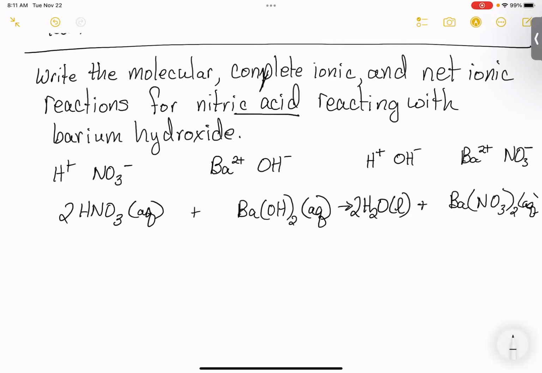Yes, so the solubility, that is one of the few things I don't love about Aktiv. It is based off of OpenStax, and OpenStax uses a variety of outside resources to develop their book.